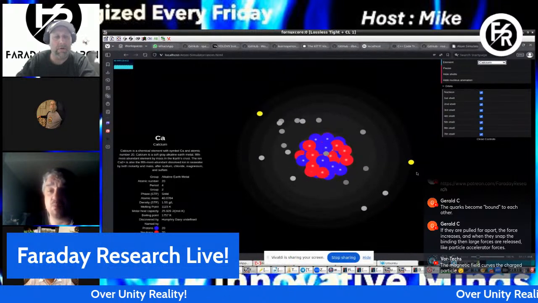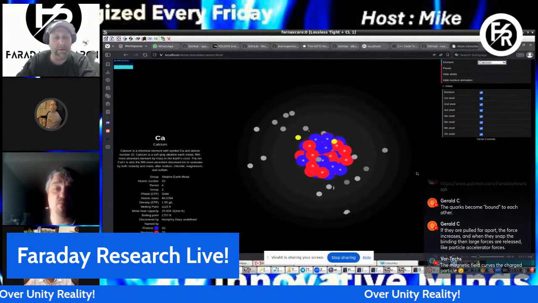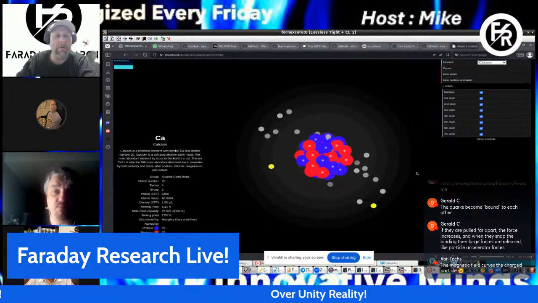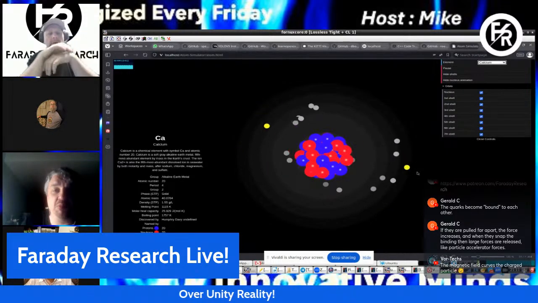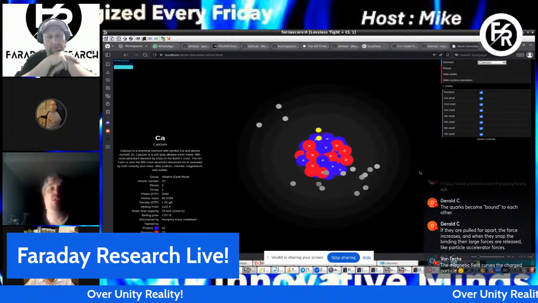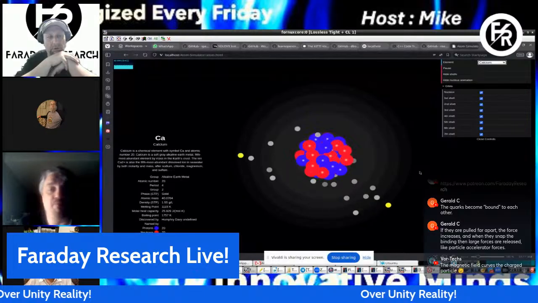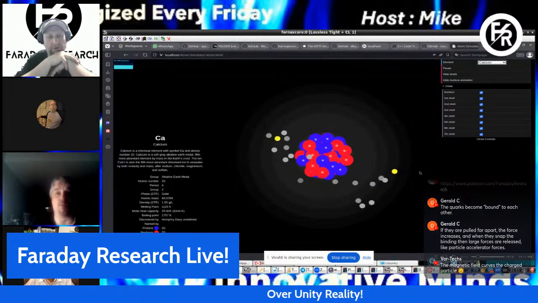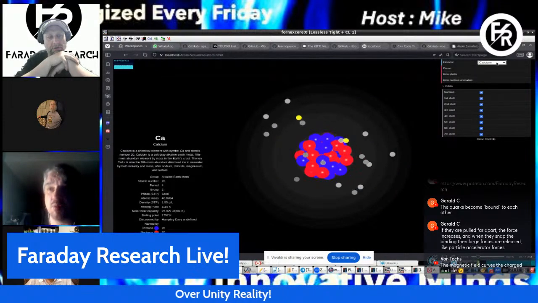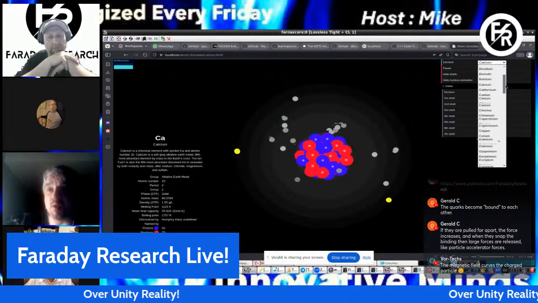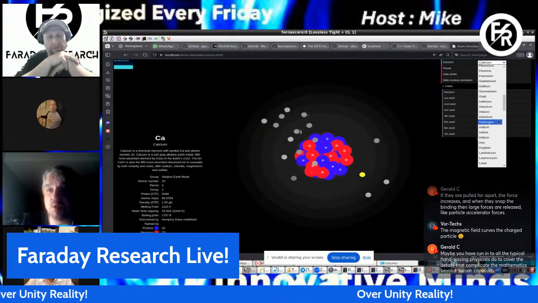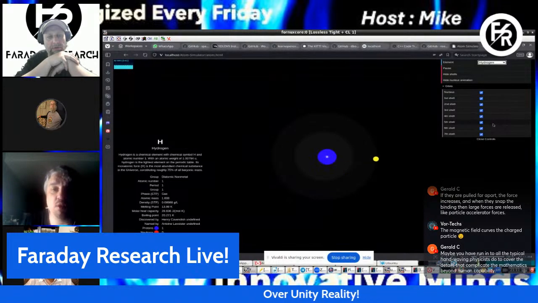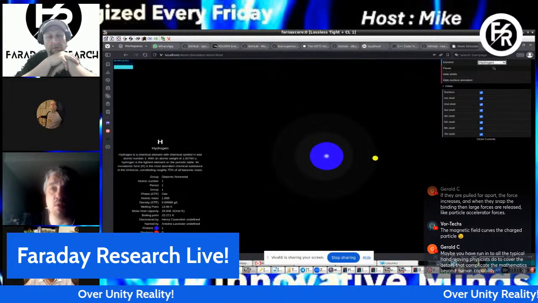Is it working on the same model, or is it a different model? Well, in my model, I'm just using hydrogen, which is very simple. I'm just using hydrogen or helium.